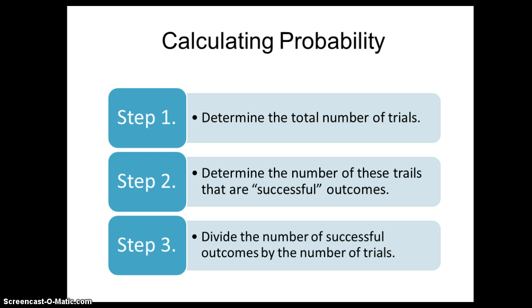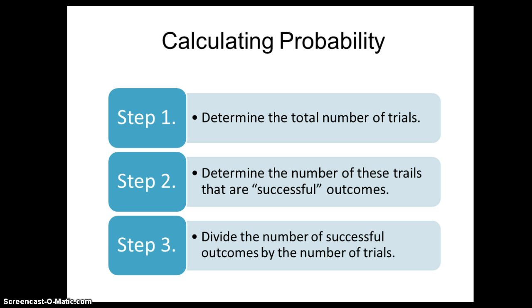So we figure out how many of these 10 trials are successful outcomes. So we draw repeatedly a marble out of that pot, and we write down the number of times out of 10 that we draw a black marble. Then we take that number of successful outcomes and divide it by the number of total trials. So if we drew a black marble twice and we had 10 trials, then we would say that the probability of drawing a black marble is 20% or 0.20.